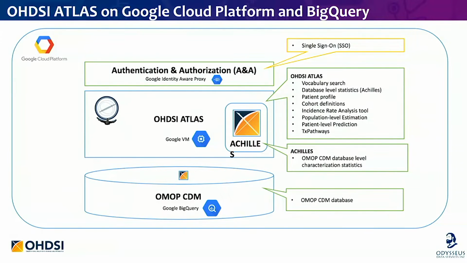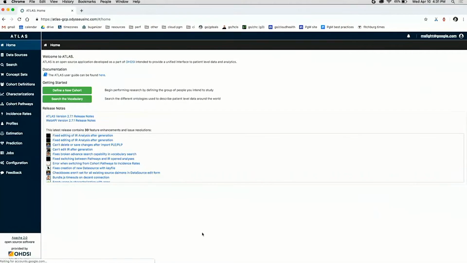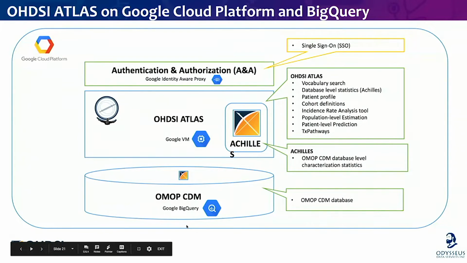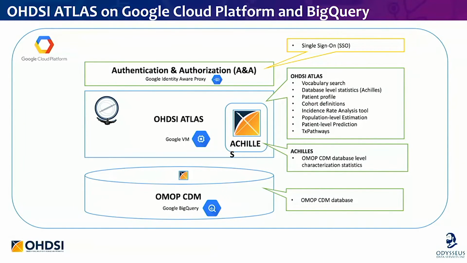I'm also very excited to say that Odyssey Atlas, which is probably one of the most common and popular tools in the Odyssey community, also now supports the BigQuery database underneath, and I'll give you a little demo of that tool in a second. Atlas is a tool that was and is developed by the Odyssey community.